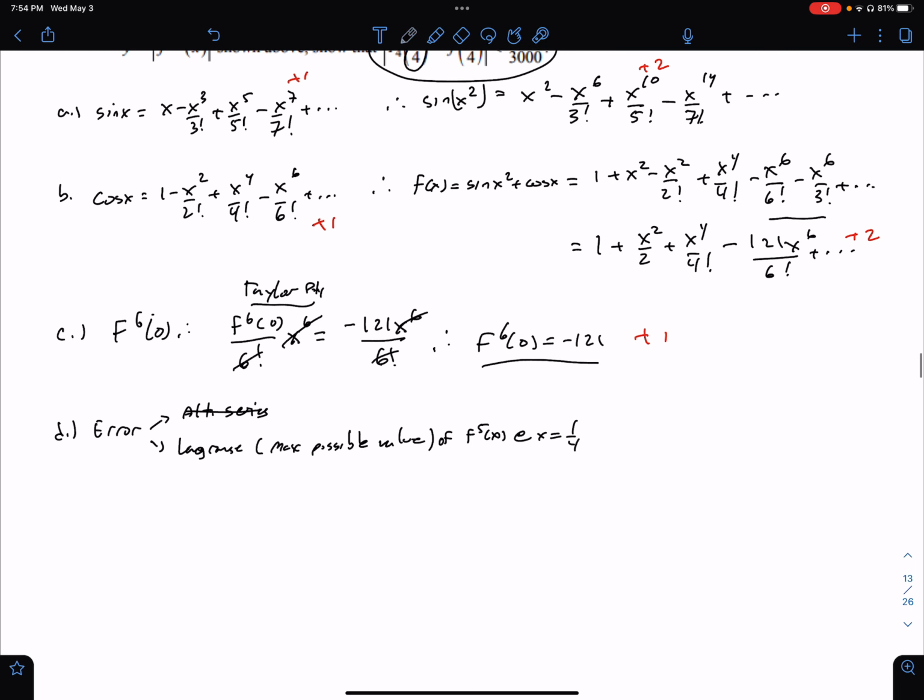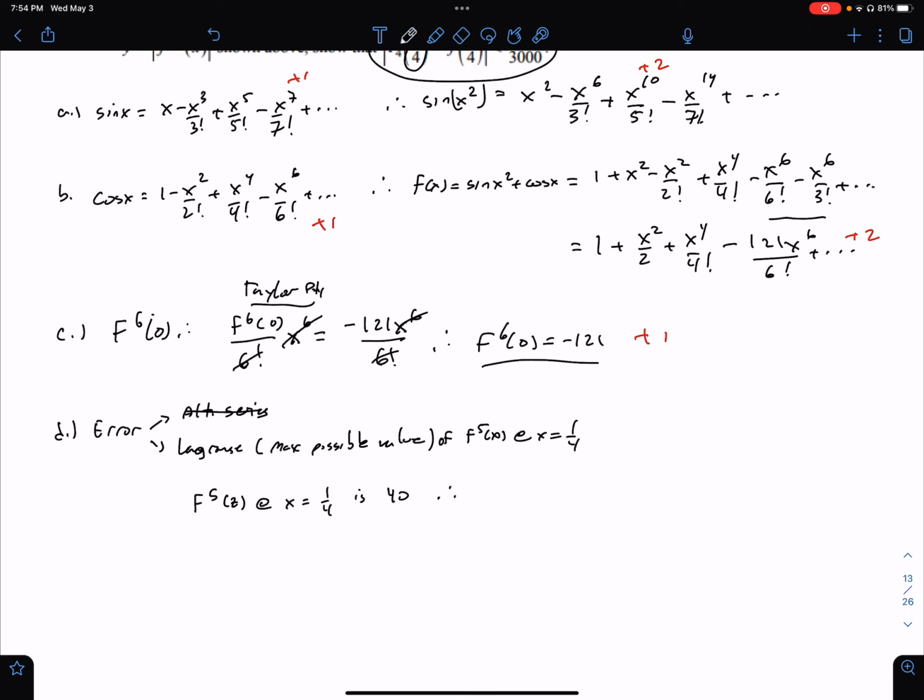So here's what we're going to say. You might remember the notation, that the maximum value of the fifth derivative at x equals 1/4 is 40.